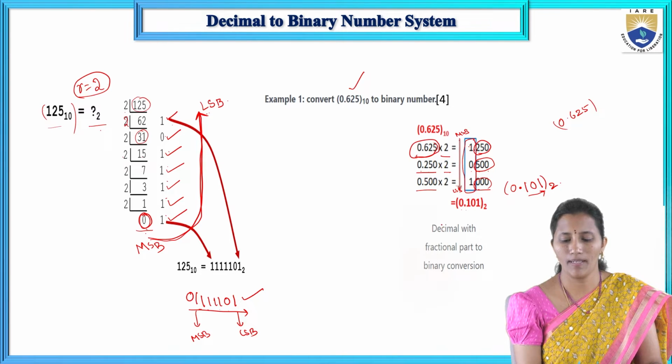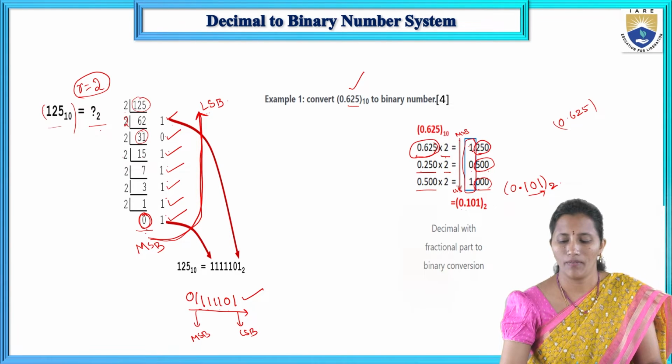For the fractional part, take that fractional part and multiply by 2. If we got 1.250, consider only the fractional part, that is 0.250, and multiply by 2. You will get 0.500. Then 0.500 multiplied by 2 gives 1.000.